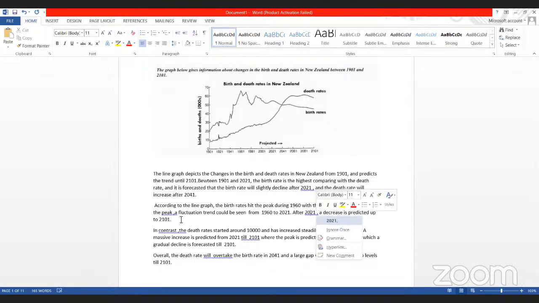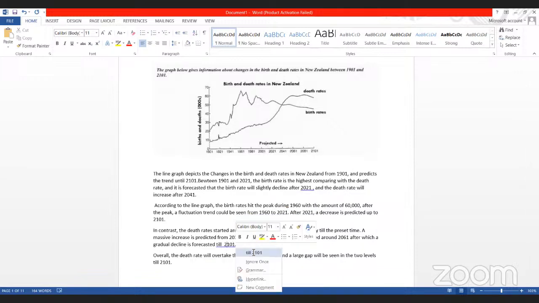Without identifying what you are going to write, don't write anything, right? You need to identify the peaks, the places where it increases.